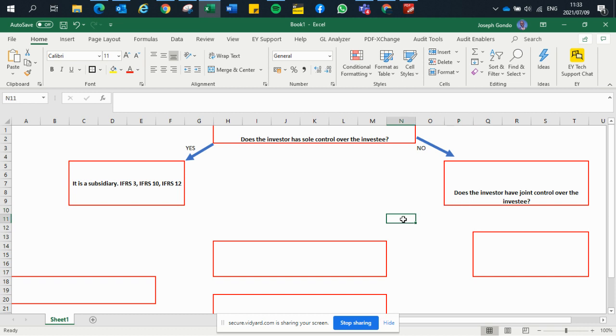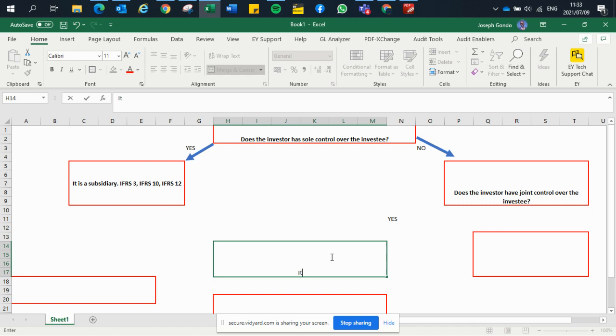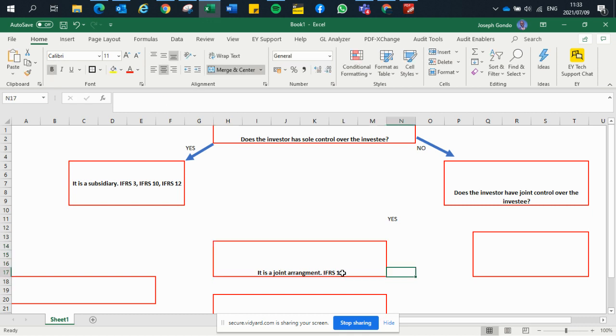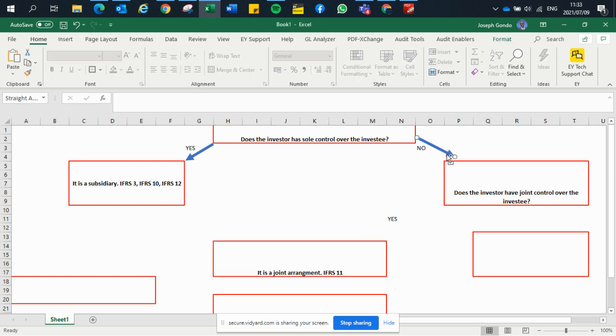If the answer is yes, then it is a joint arrangement. What do we do? We apply IFRS 11.